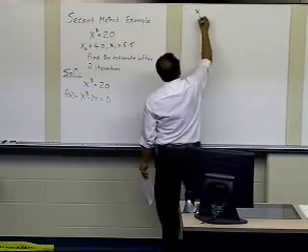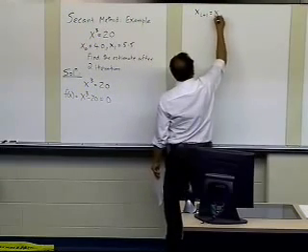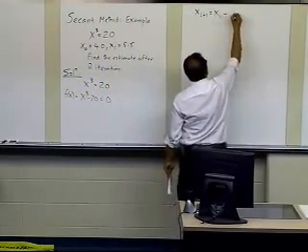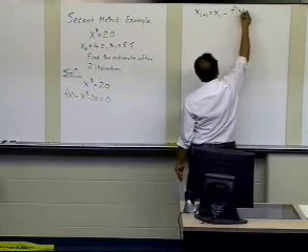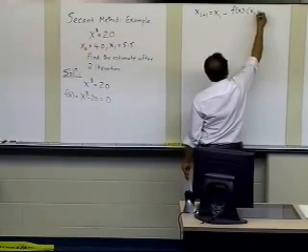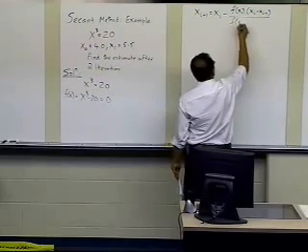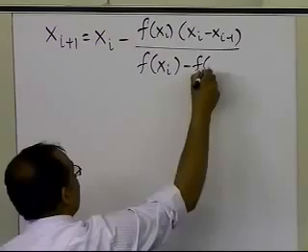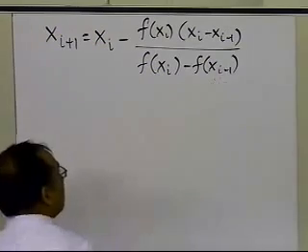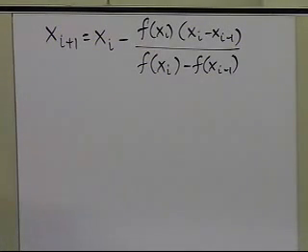So we have x of i plus 1 is equal to x of i minus the value of the function of x of i times x of i minus 1 divided by the value of the function x of i minus the value of the function x of i minus 1. So this is a general formula for the secant method.